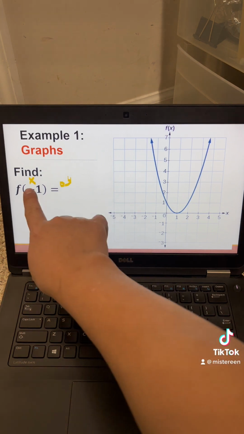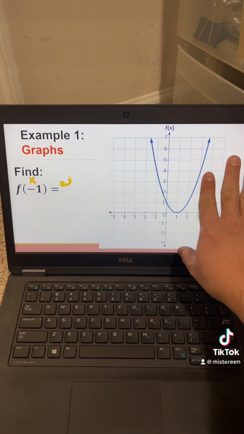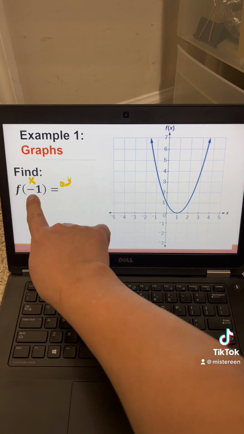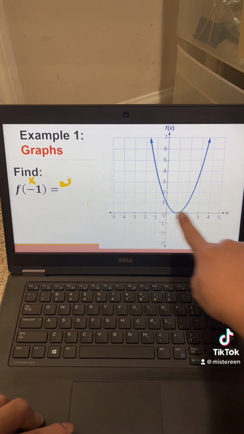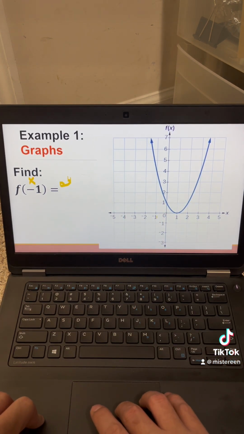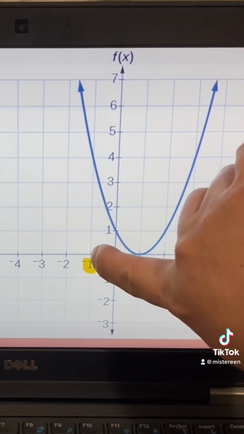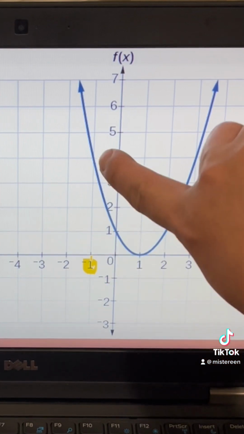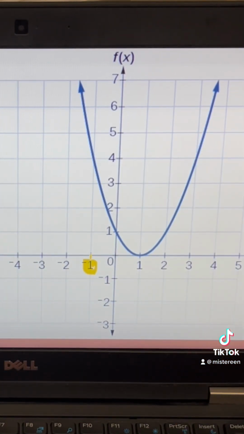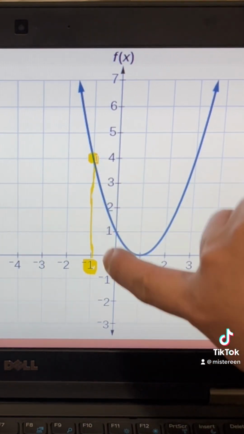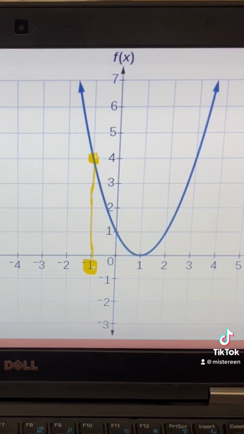So how do you get the value of y? You use the graph. First you go to x equals -1. Remember, this is your x-axis here, and x = -1 is right here. From there you go up until it touches the graph. The corresponding value of y is right here, 4.